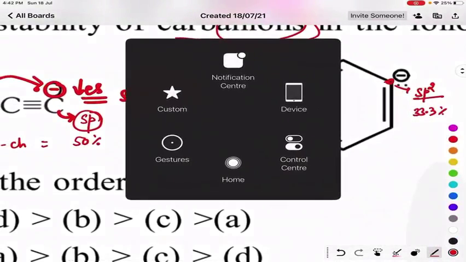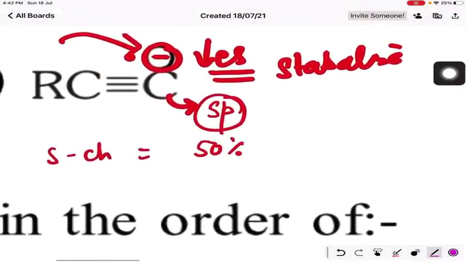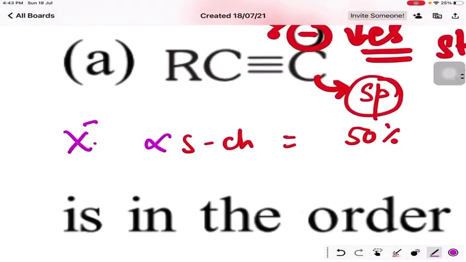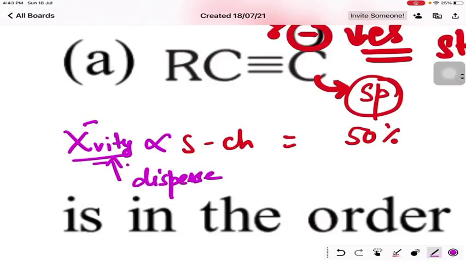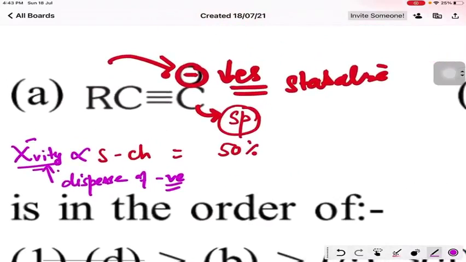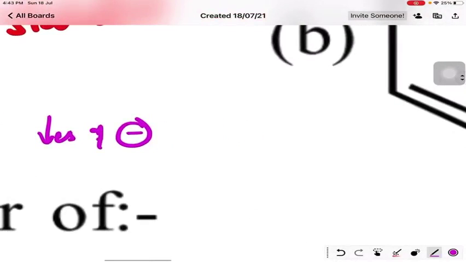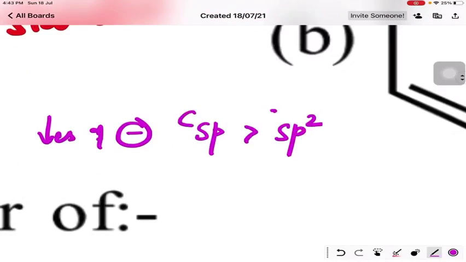Actually s character is directly related with electronegativity. So the more electronegative the atom, the more effectively it will hold the negative charge. Dispersal of negative charge will be more. So this dispersal of negative charge follows this trend: it is maximum for sp, then sp2 hybridized carbon and then least for sp3 hybridized carbon.